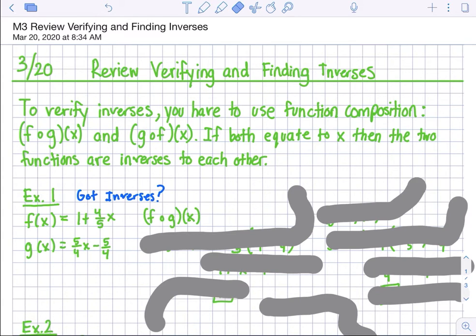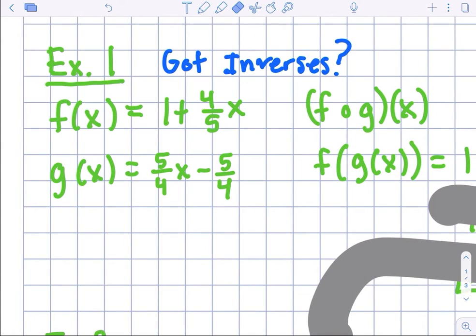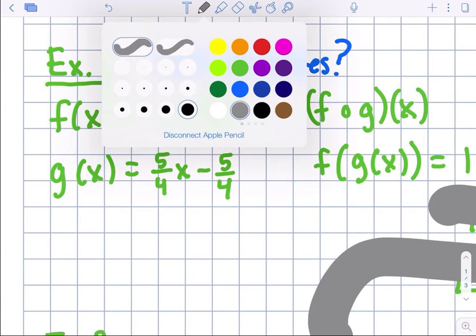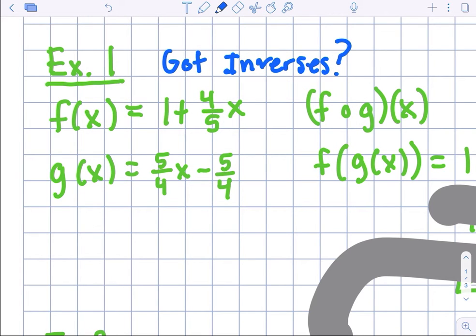Alright, moving on. So we have f of g of x, which really looks like that. We're going to focus on this for right now. F of g of x means you're substituting all of g of x into the f of x function, which is really just substituting that whole thing in for that x.